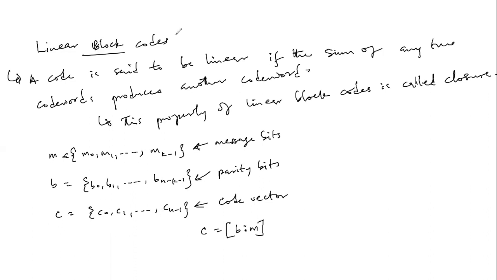So that the code word is a combination of the parity bit and the message bit. But the parity bit b can be written in the compact matrix form, where P is the k by n minus k coefficient matrix.